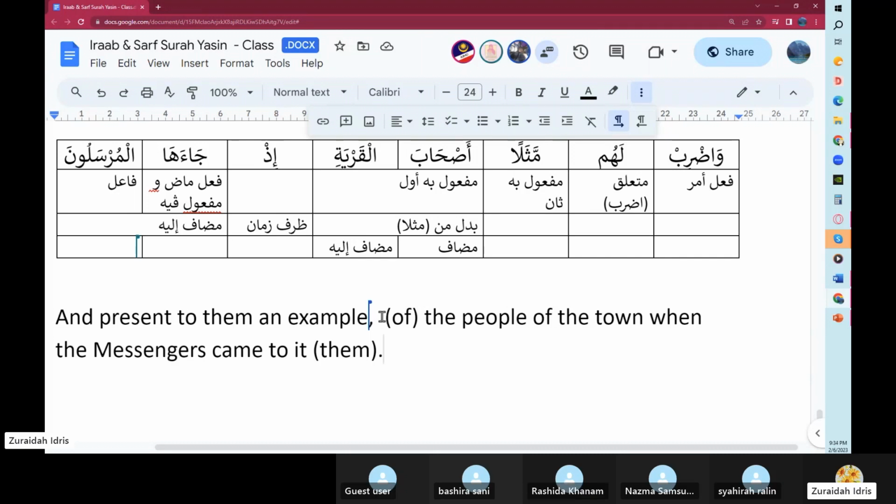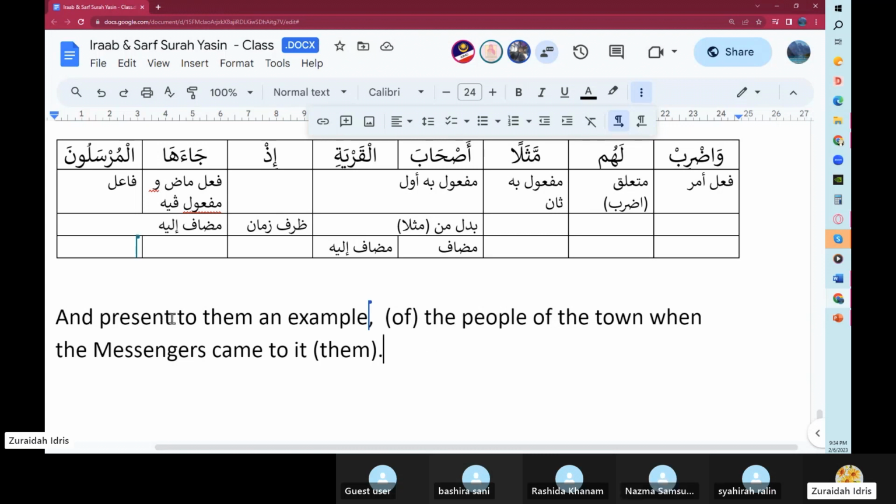But the better way is just to put an "of". I know this is not an idafa, but in terms of translation we are allowed to do this, because it's just to explain the meaning of what we mean: and present to them an example of the people of the town.